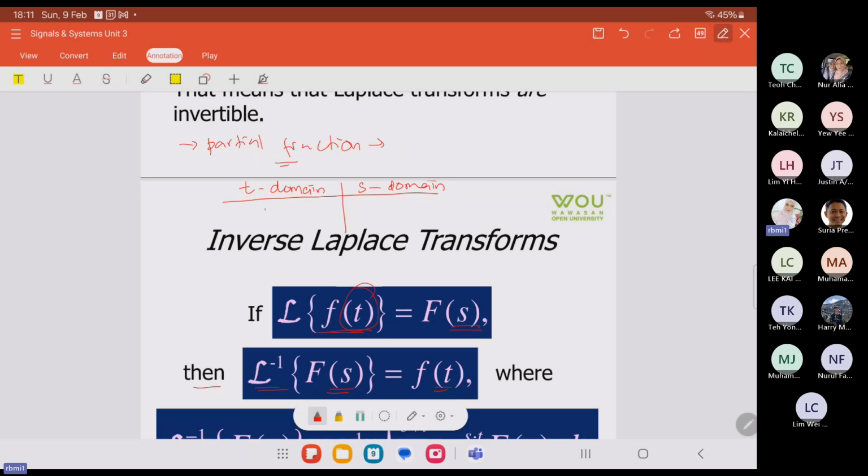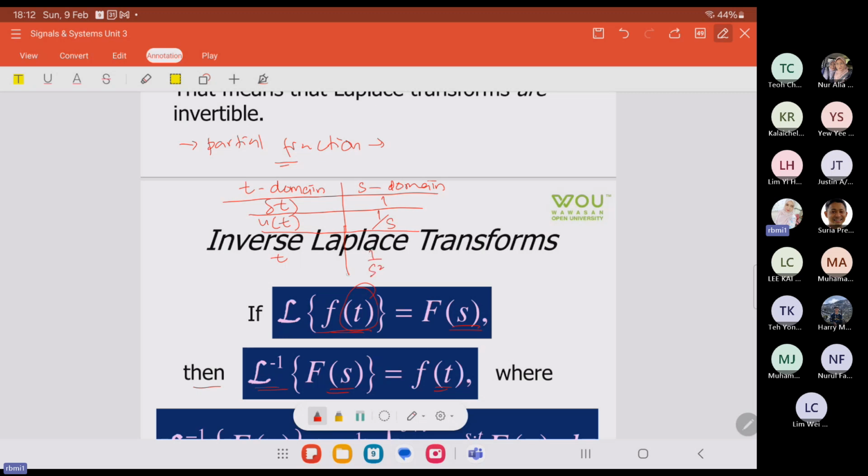For example here, we have the function of delta t, and if it is delta t, in the S domain it equals 1. If it is the unit step function, it is 1 over S. Else if it is t, it is 1 over S squared in the S domain.